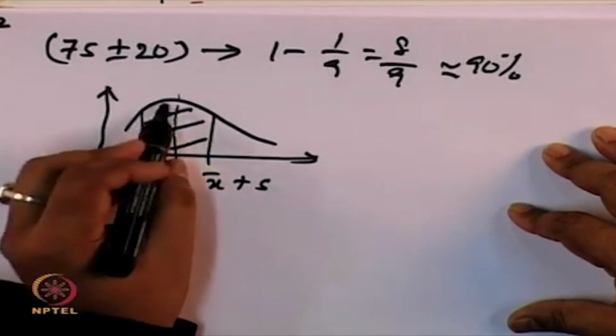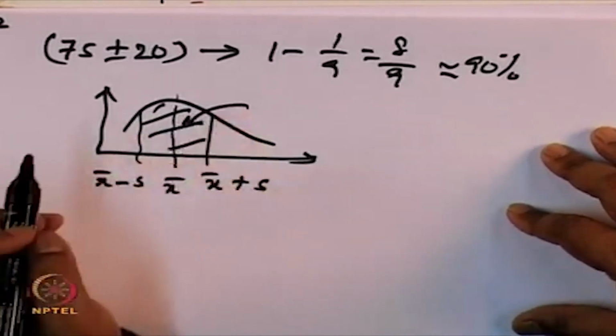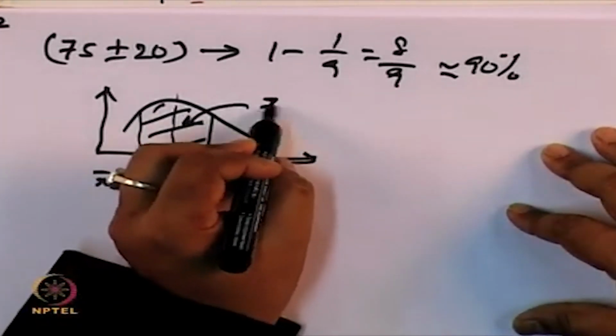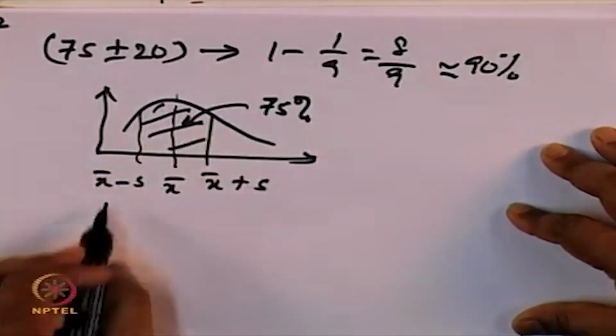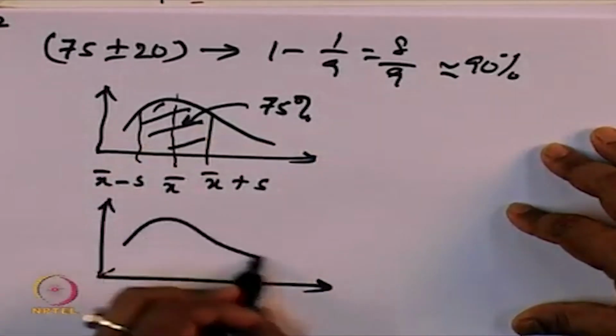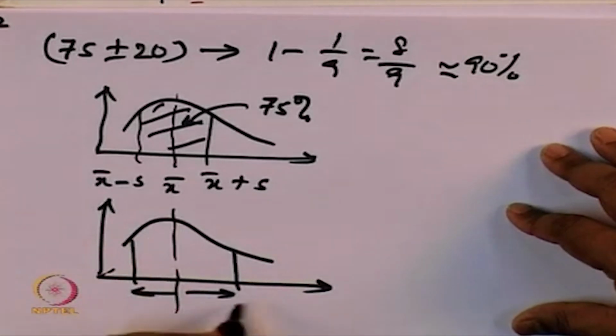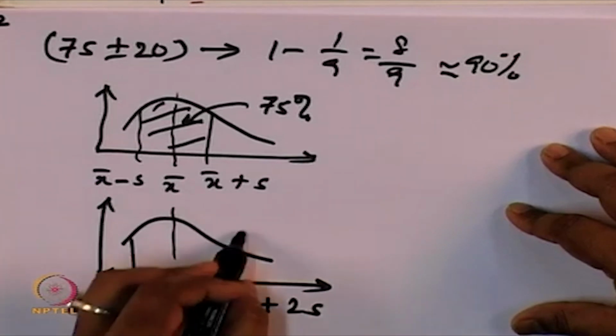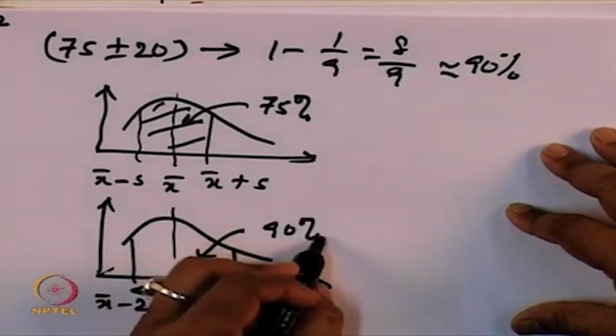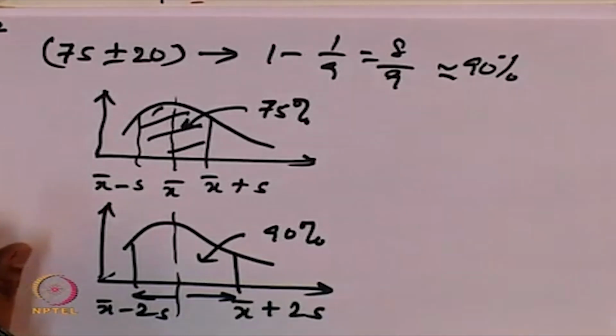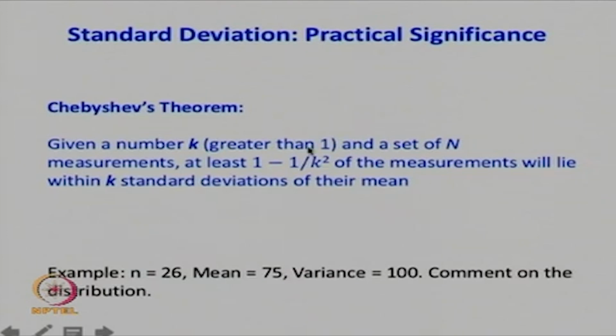So, this much is roughly what we calculated, 75%, and in the generic case, x bar plus 2S and x bar minus 2S, this is 90% of the population. But Chebyshev's theorem is very conservative in approach. It does not make any assumptions about how the distribution of data is.